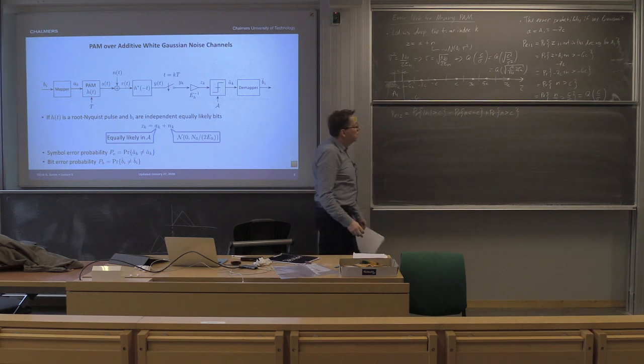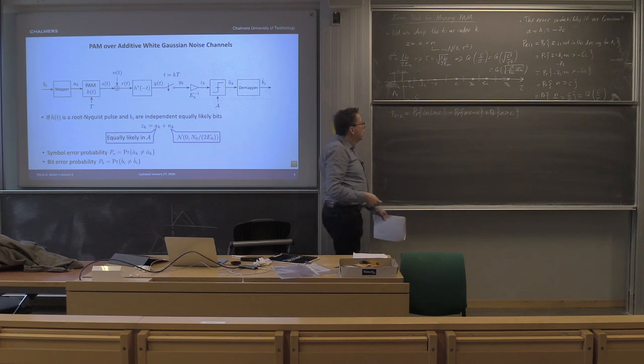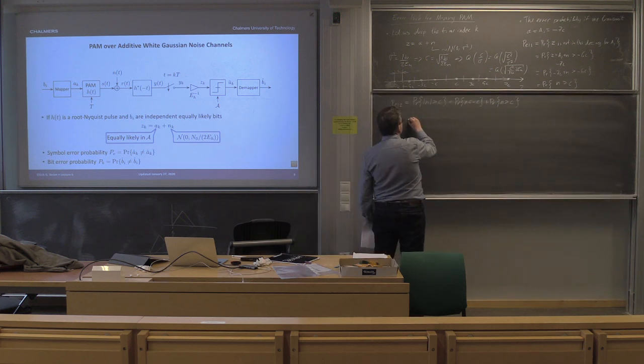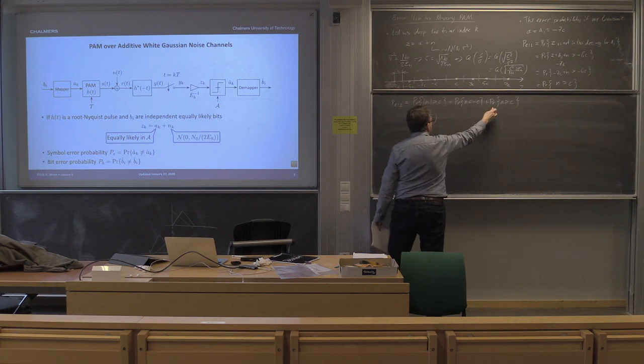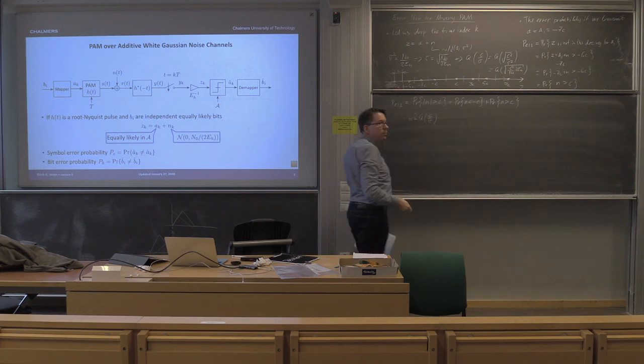Or stated in a different way, it is the probability that n is less than negative C plus the probability that it's greater than C. And this we know is Q of C divided by sigma, and it's the same on the other side, so this is 2 times this.